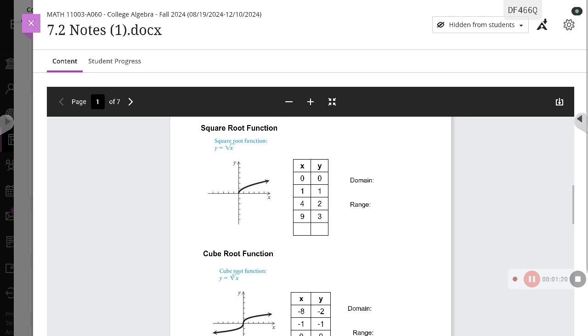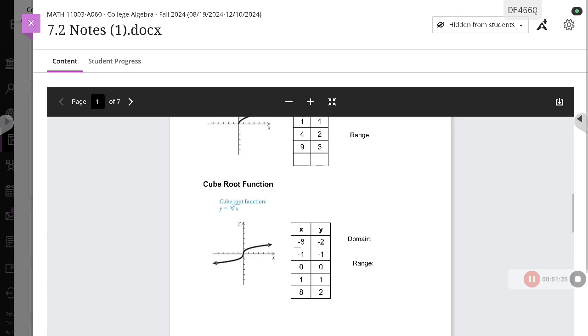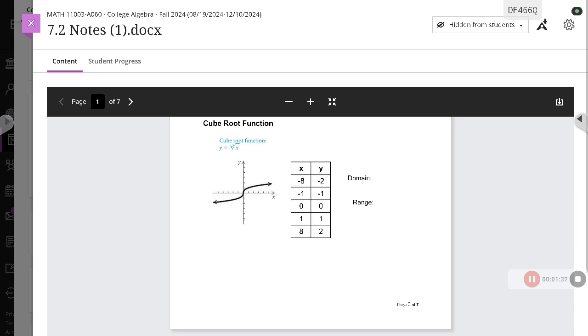The square root function. You'll notice that if your x is underneath a square root, this is what the basic square root function will look like. Cube root. So you'll notice this one, instead of a square root, it has y equals the cube root of x. So that's what that basic function will look like.